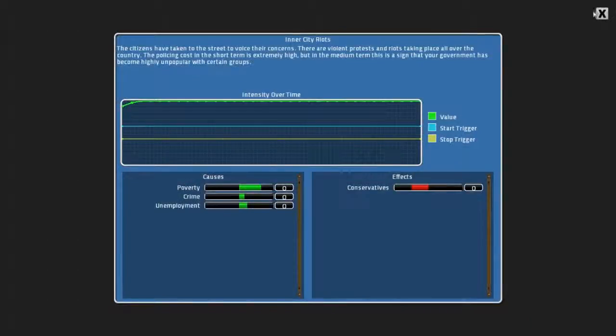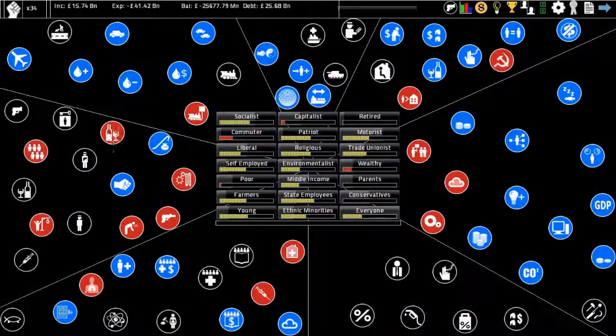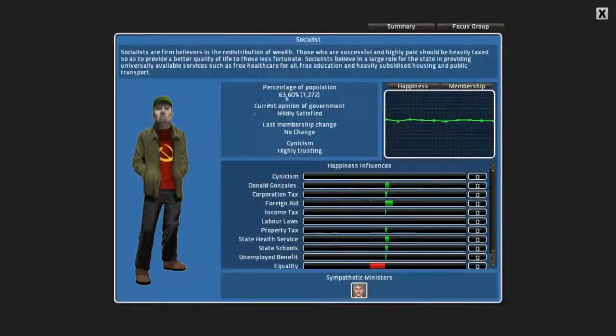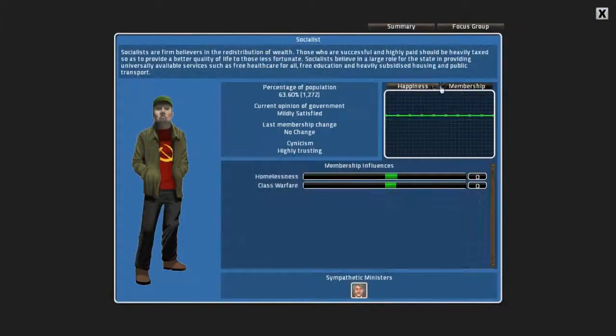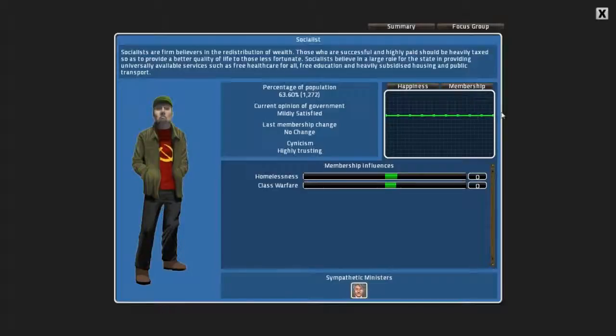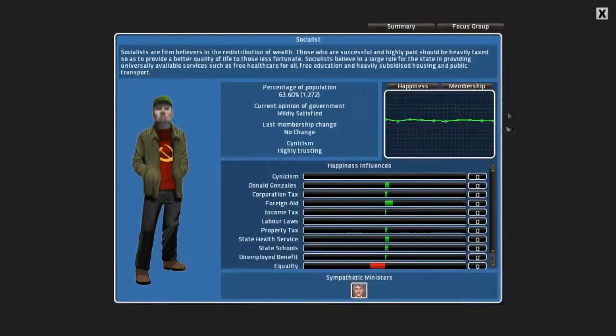I don't think there's much change to that stuff, or actually to voter groups. Oh yes, there is. Yeah, this is something I forgot about. This graph has always been there, so you can see how happy socialists are over time, for example. You can see their membership level over time. But this now changes down here.